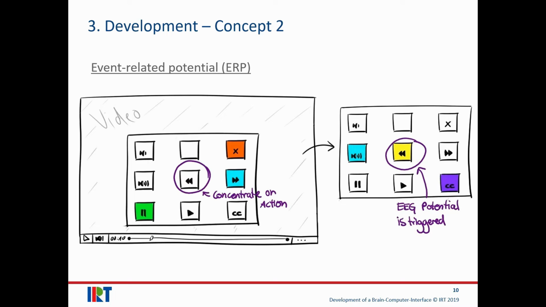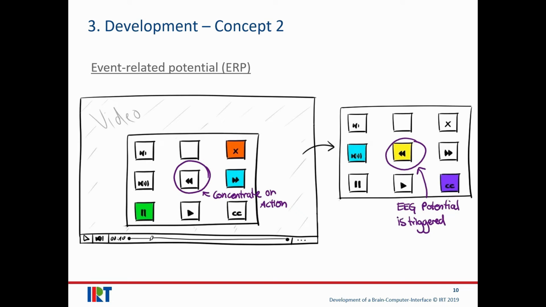The idea behind that is that the user concentrates on the command she or he wants to trigger, and meanwhile all commands blink randomly in a different order and with a different time interval. When the command on which the user is concentrating blinks, it triggers a specific potential in the user's EEG data. This can be trained and filtered until the correct commands can be classified.